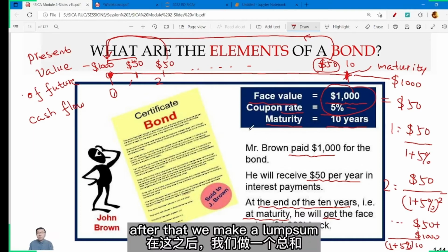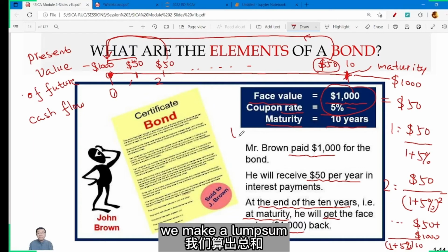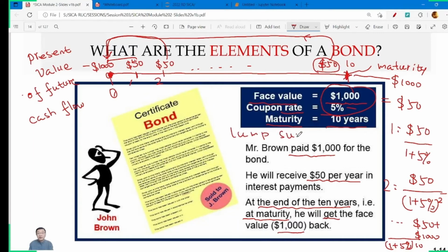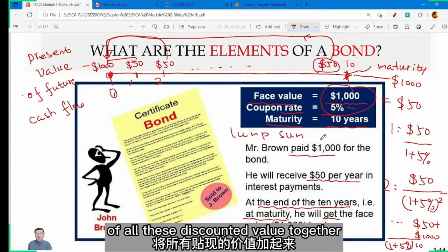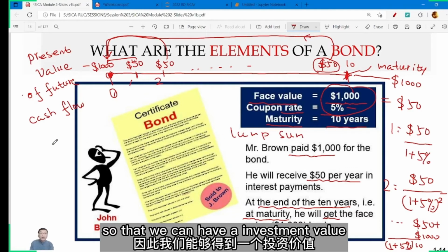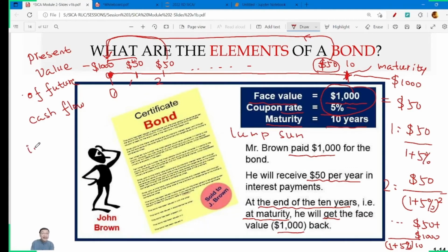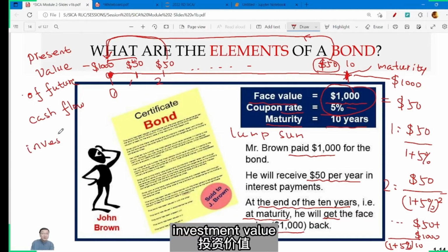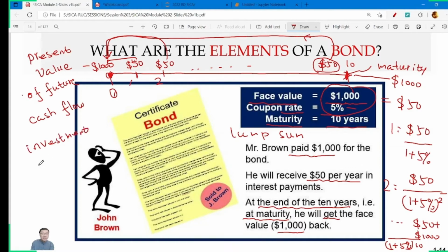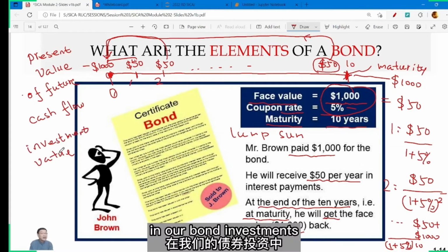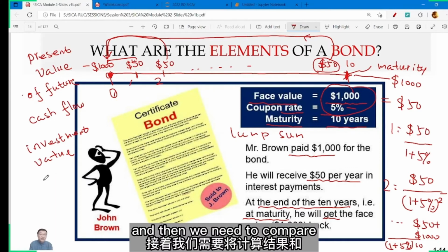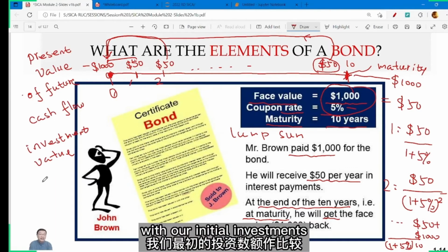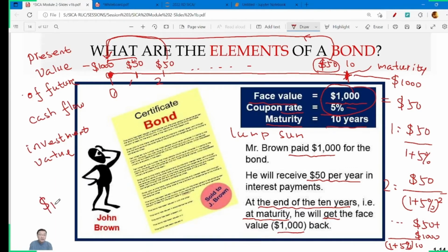After that, we make a lump sum of all these discounted values together so that we can have an investment value of our bond investment. And then we need to compare with our initial investment, which is $1,000.